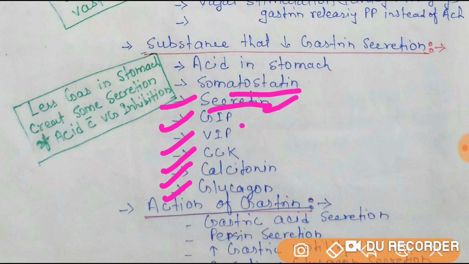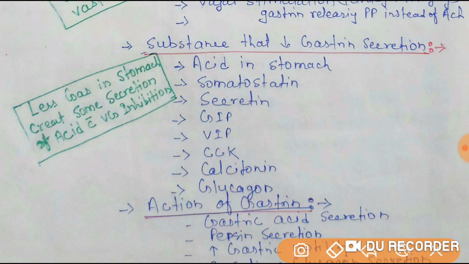These are all repeated questions, so you have to remember them by your own mnemonics or these mnemonics. The mnemonic is: "Less gas in the stomach creates some secretion of the acid with VG inhibition." Less gas means inhibit or decrease gastrin secretion.